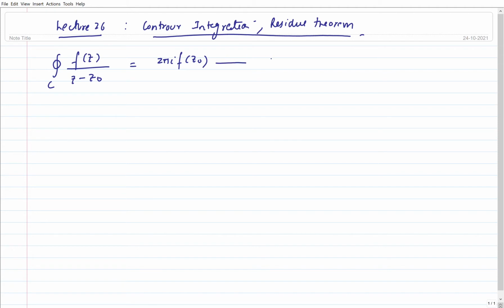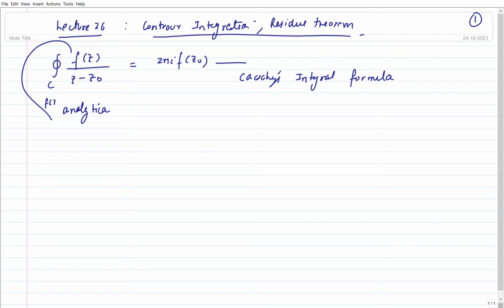The condition was, of course, that f(z) has to be analytic within and along the contour.